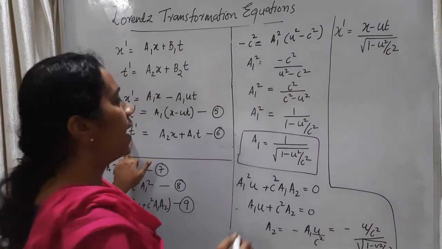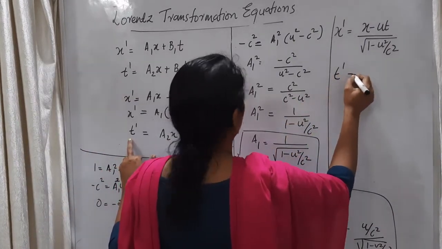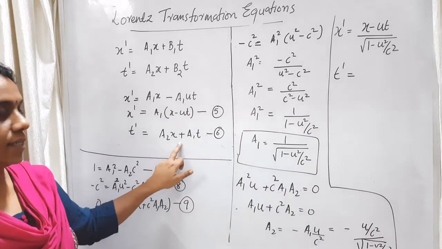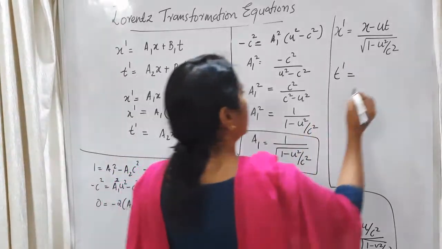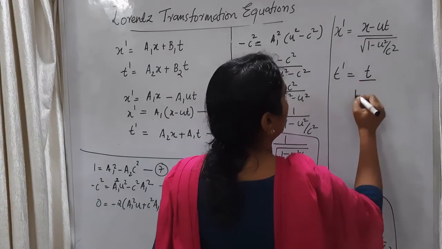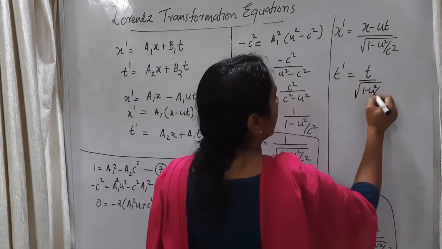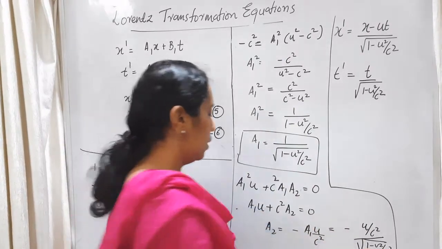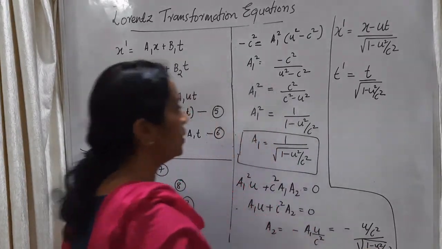And what about t dash? t dash will be equal to a1 t plus a2 x, right? So a1 is 1 by root of 1 minus u square by c square. What is a2? It is minus u by c square into 1 by root of 1 minus u square by c square.